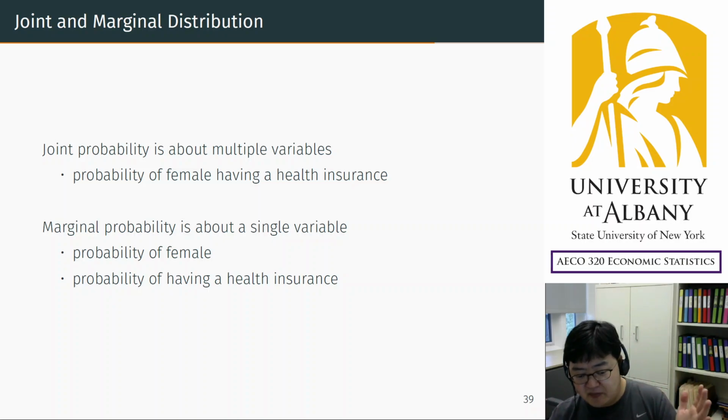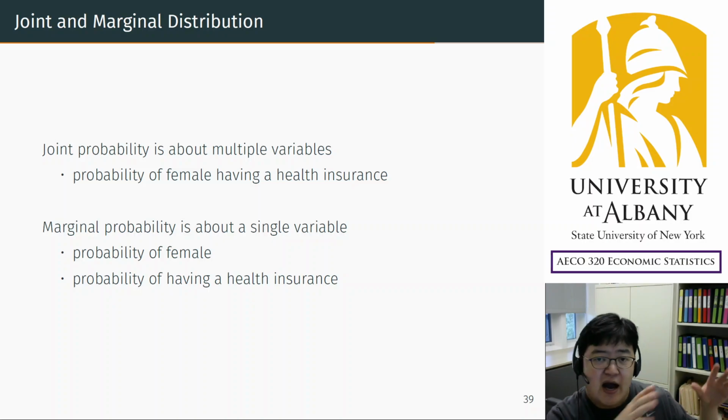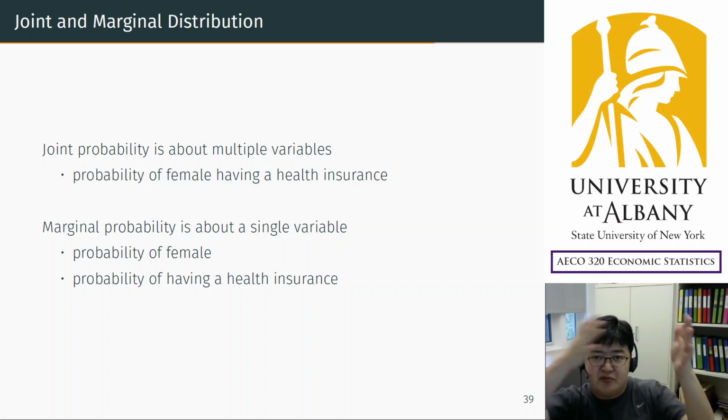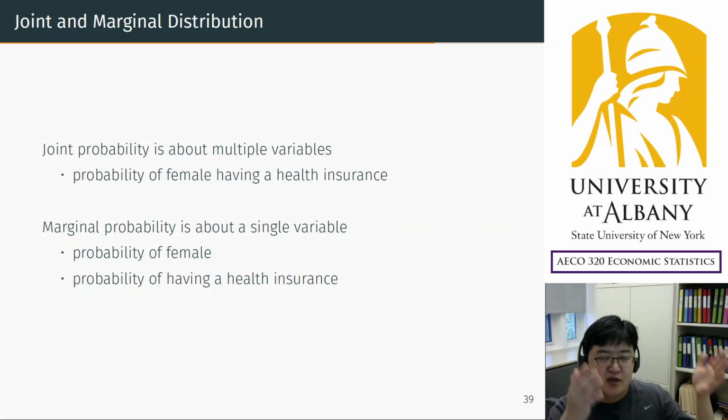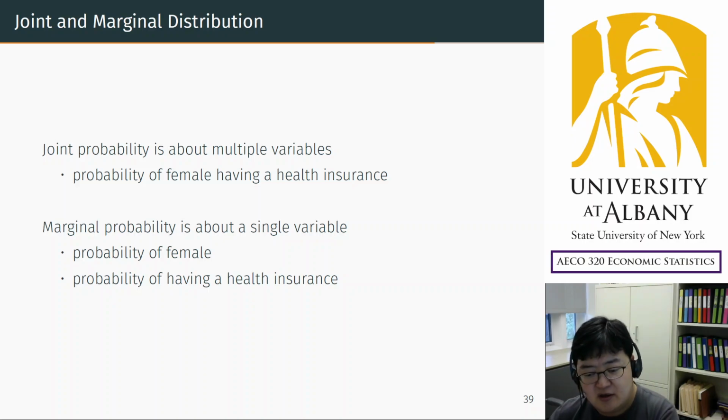So before I introduce the 2 by 2 example, I considered health insurance variable alone. In that example, it was about a single variable, and you can imagine the probability distribution for health insurance alone, and also you can think about another probability distribution for gender alone.